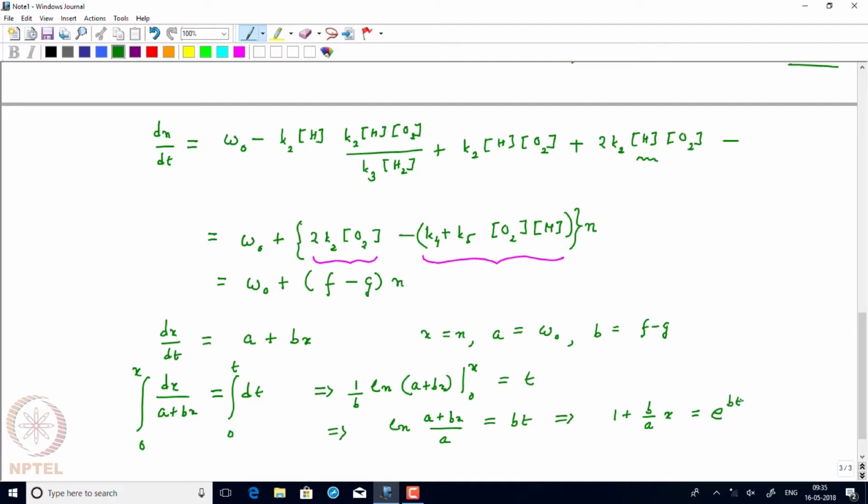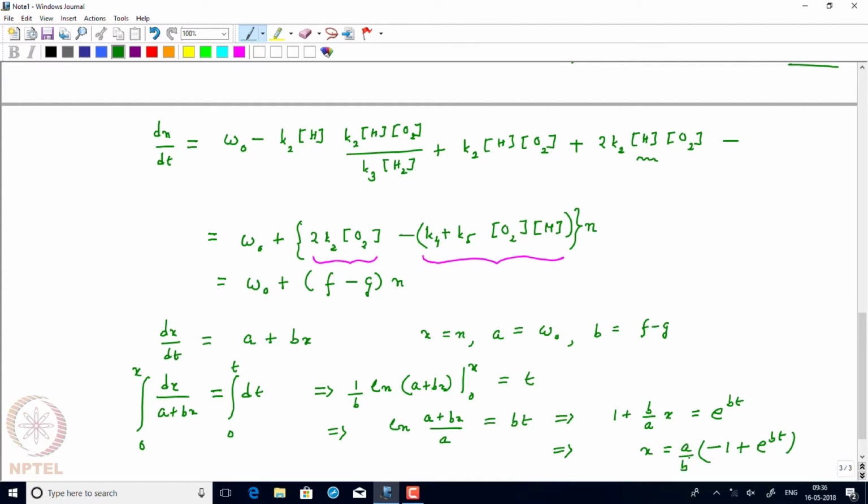and then I can solve it easily for x, and what I will get is x is nothing but, if I take the minus sign, so I'll have minus 1 plus e to the power bt, and I'll have here a by b.